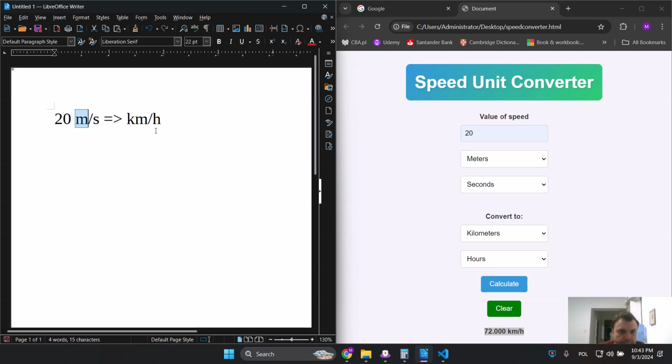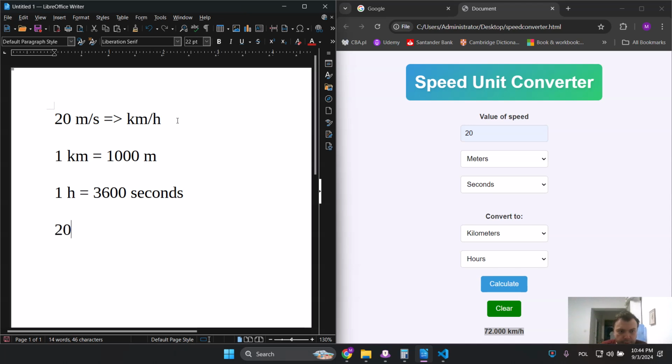We have 1 meter, here we have kilometer, and we have a second and an hour. So what kind of conversion? We know that 1 kilometer equals 1000 meters and 1 hour equals 3600 seconds, because we have 60 minutes, 60 seconds, 60 times 60 makes 3600. So the formula is like that.